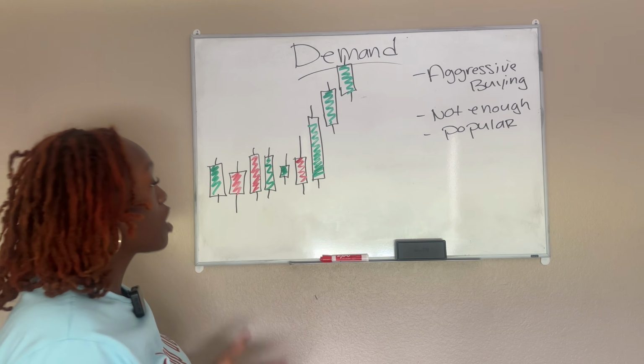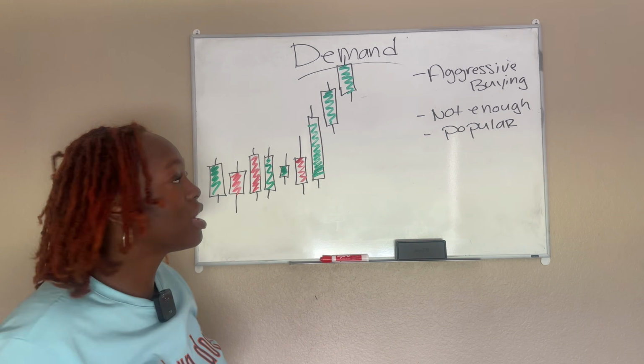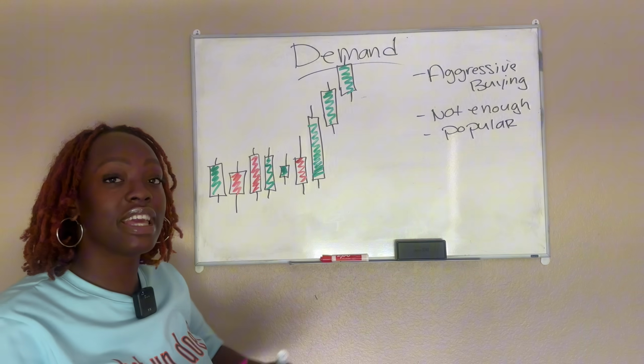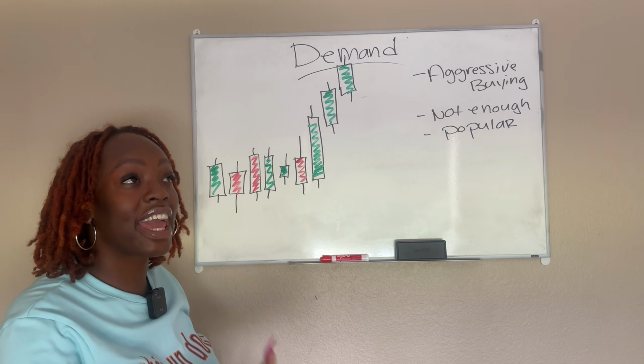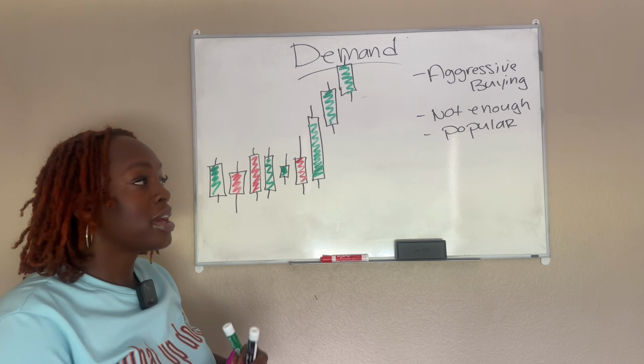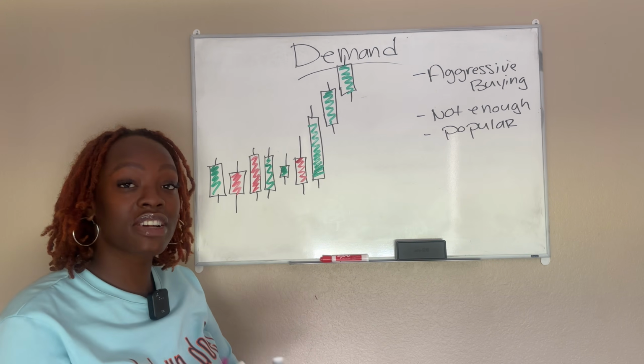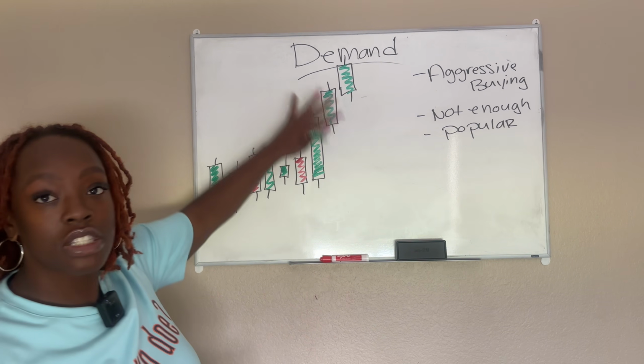So how do you draw your demand zone? You're looking for the last selling candle, the last bearish candle, red candle, whatever the case may be, before it took off.